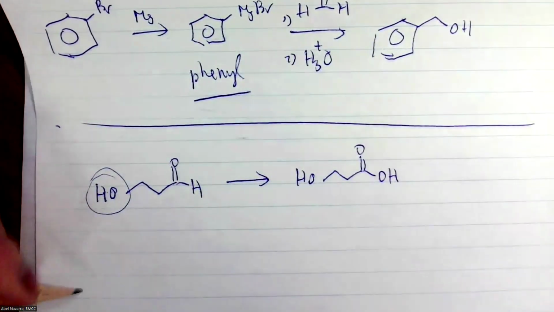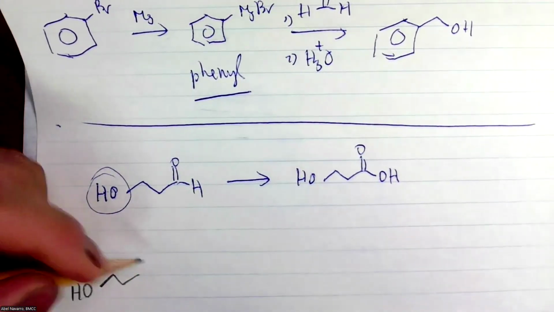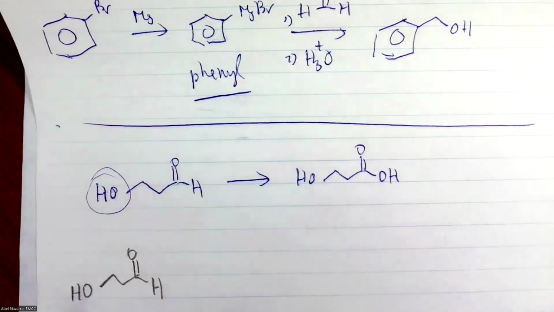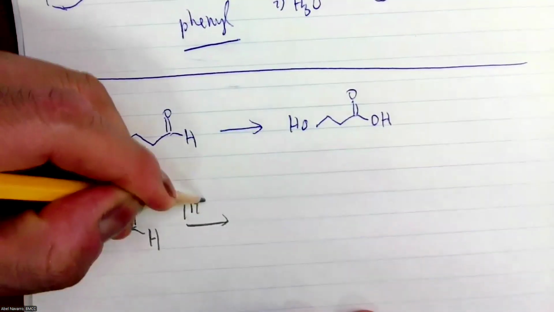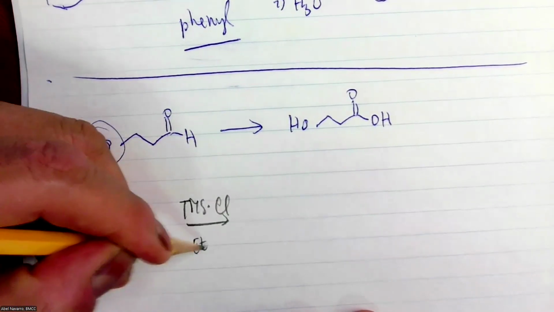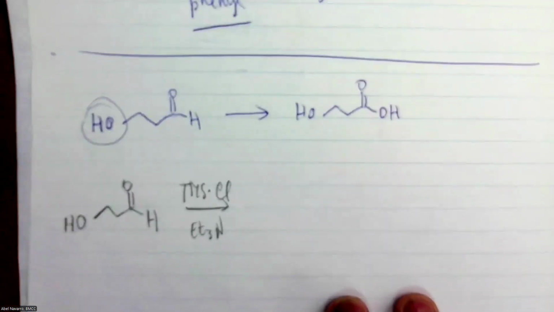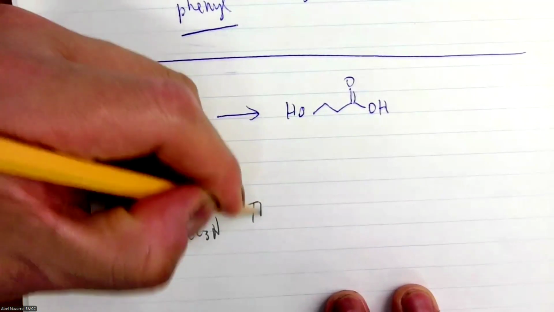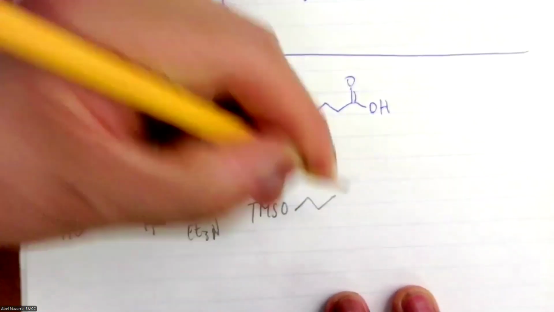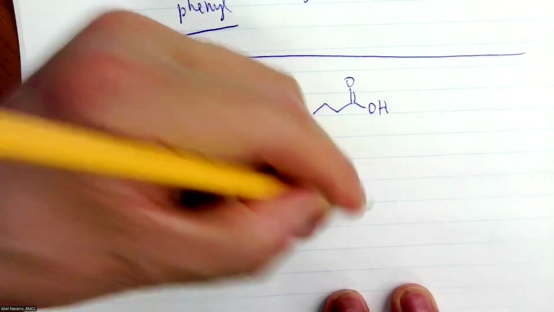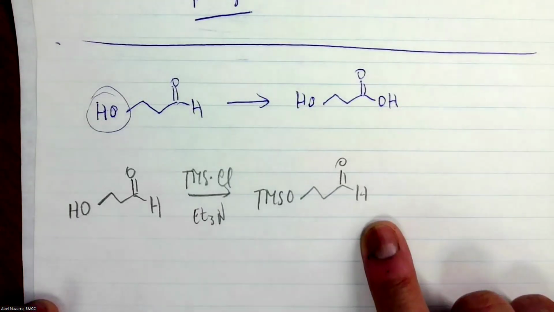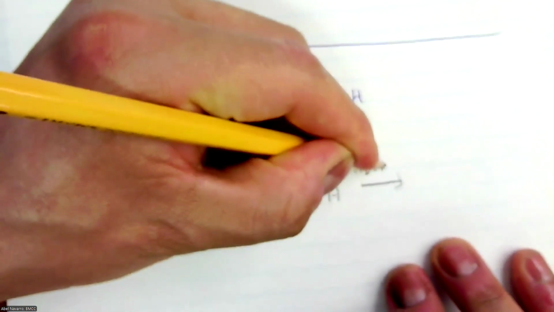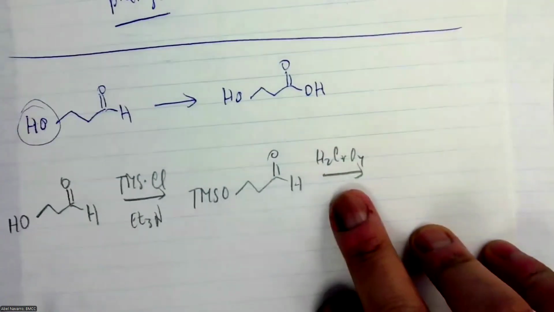Okay, let's do it. Okay, so I have the compound. Let's protect it. How do you protect it? With TMS chloride in triethylamine. It will protect the alcohol, TMSO. After that, what should I do? Oxidize it. Oxidize it with chromic acid or sodium dichromate, right?